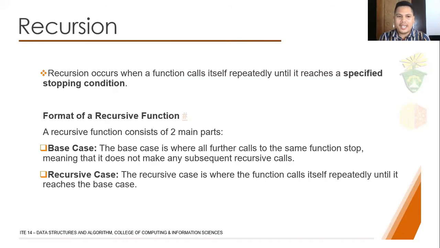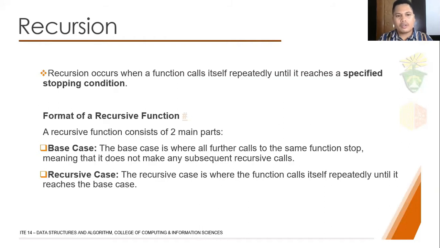Okay, so we have here recursion. Based on the definition, the word is taken from recursive, which is still the same as loops or repetition. But later on, we're going to differentiate the two topics, recursion and loops.